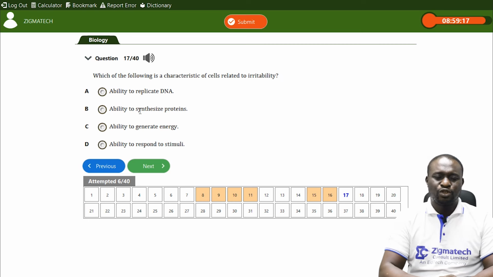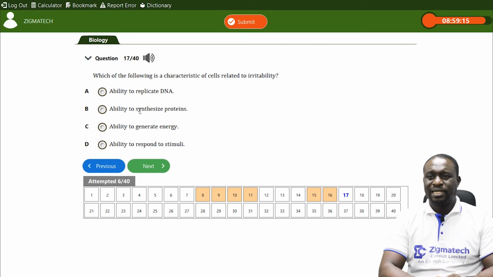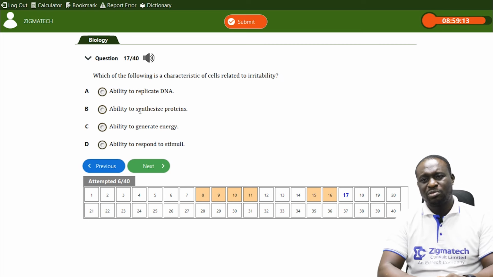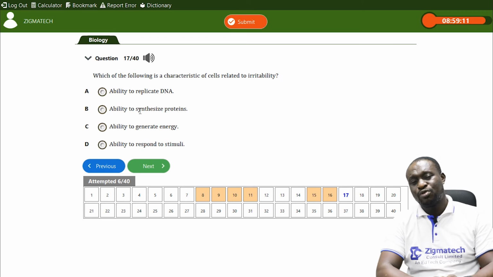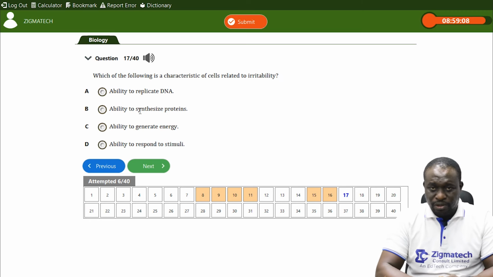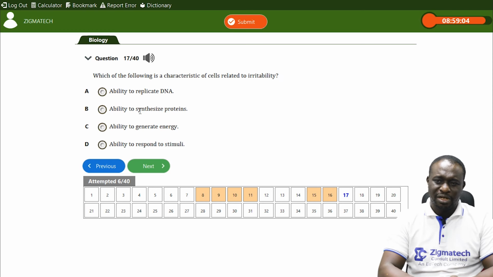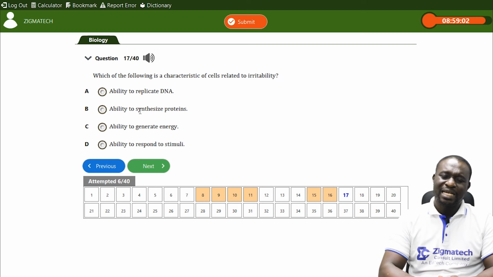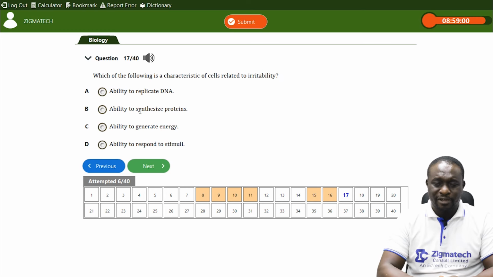B says ability to synthesize proteins. The organelle that is actually responsible for synthesis of proteins is the ribosome. Option C says ability to generate energy. Irritability has nothing to do with generation of energy.